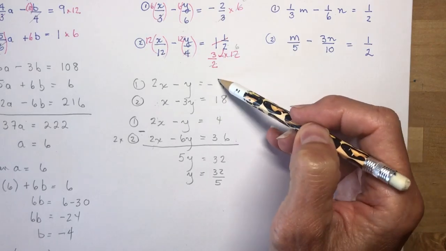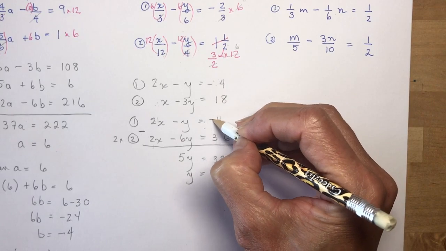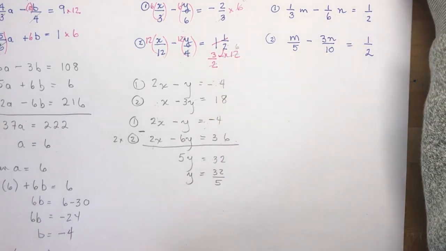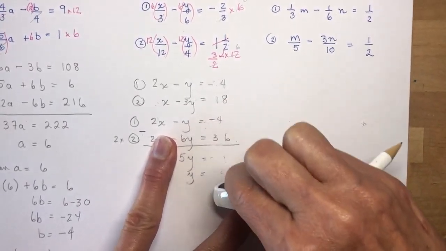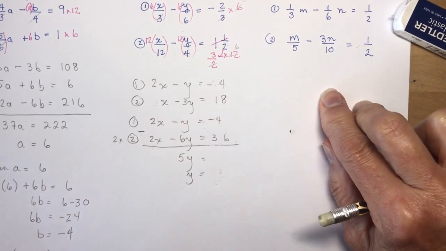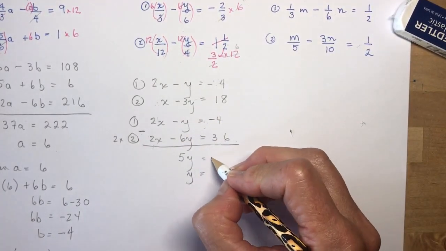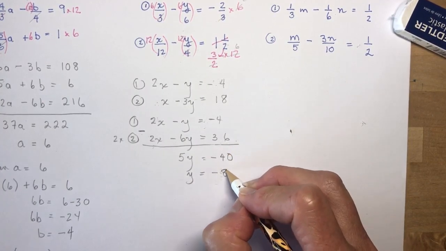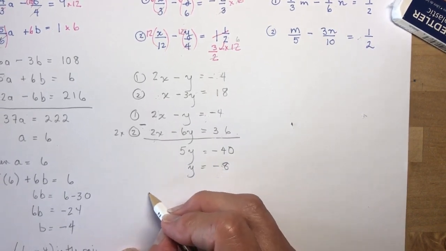Am I doing something? Oh, look at that. Copy error, minus 4. Oh, glad we found the mistake. All these copyings from one line to another, you can really make a mistake. It changes the whole question. So minus 4 minus 36 is minus 40. There we go. Y equals minus 8. I'm so glad I found that. I hate it when I make mistakes. I bet you do too.